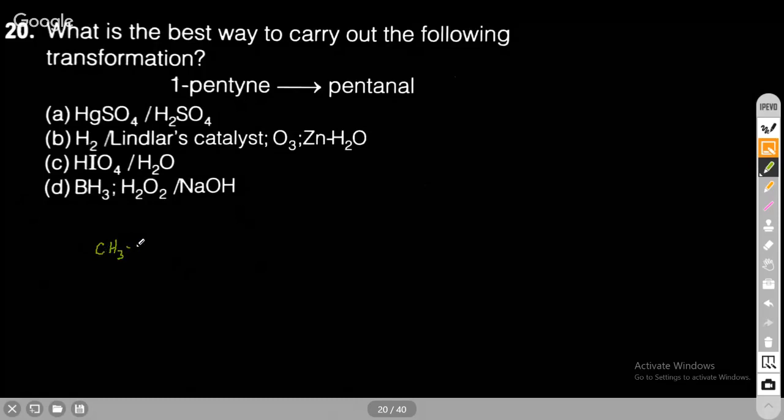CH3CH2CH2C triple bond CH. Right. In this, the first reagent that we use, or whenever you use this BH3 with H2O2 in basic medium, which is NaOH or OH minus, then what happens?